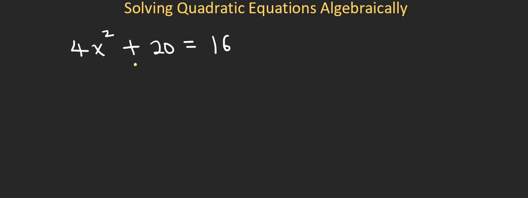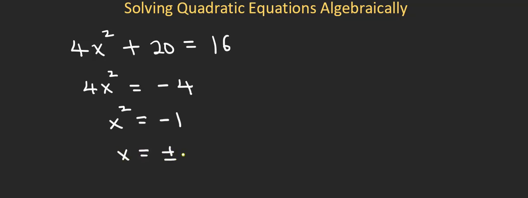We have 4x squared plus 20 equals 16. So let's subtract 20 from both sides, and you have negative 4. Divide by 4 on both sides, you get negative 1. So x equals plus or minus radical negative 1.